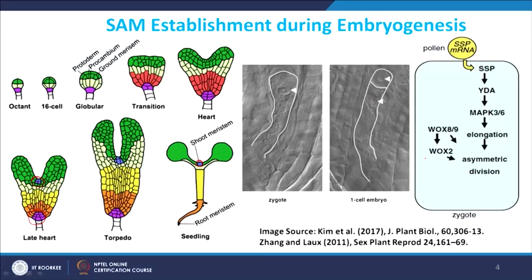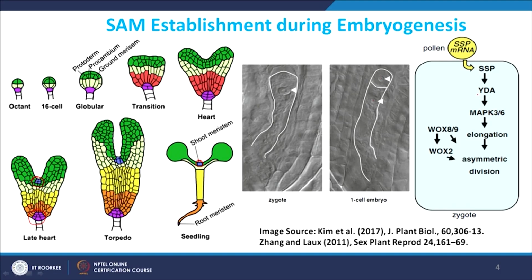Even in the zygote, the first asymmetric cell division establishes the process of later development.